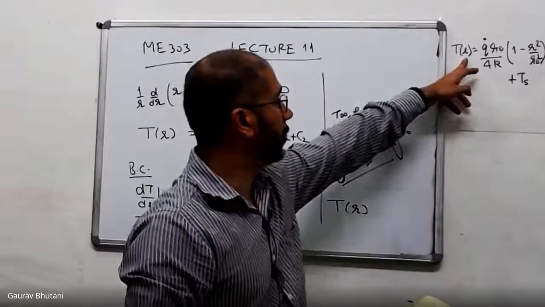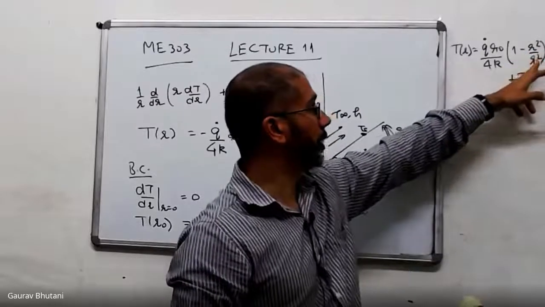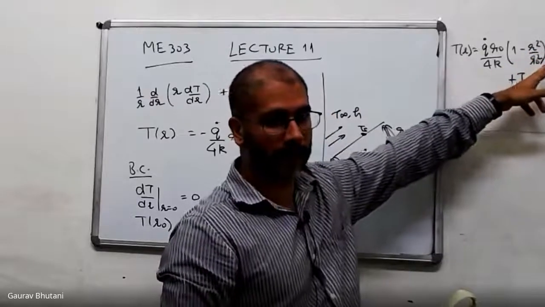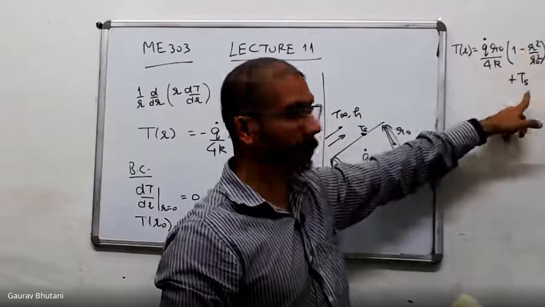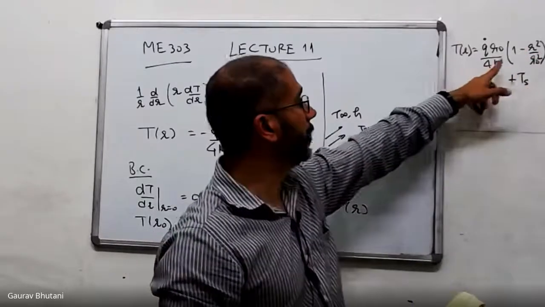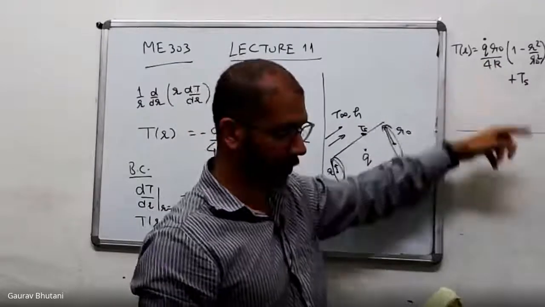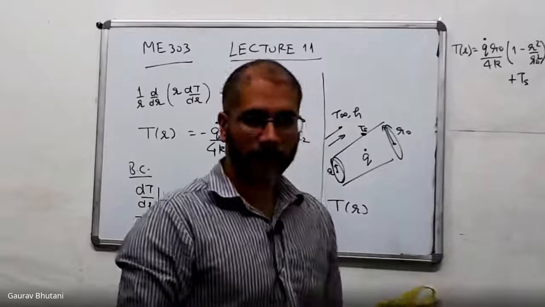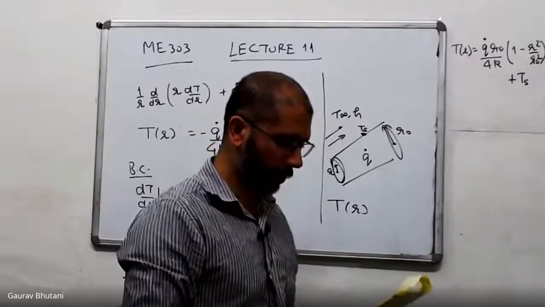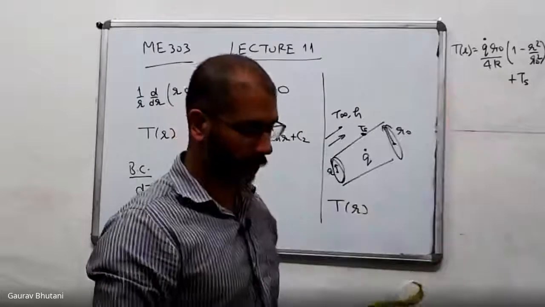So we can check. If I put R equals R naught, then this term becomes R naught square divided by R naught square. So that's a 1. So 1 minus 1 is a 0. So I simply get a Ts. Similarly, if I take a dT by dr, then you can check by substituting R equals 0 that it's going to come out as 0. Okay, so it will satisfy both the boundary conditions. So this is our temperature distribution in this case.